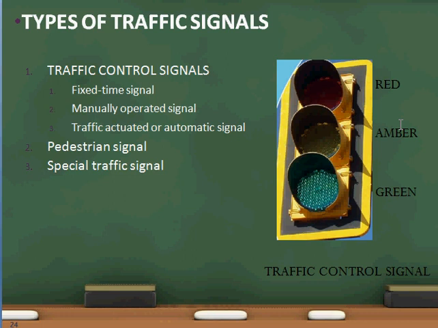Once green is shown, the vehicles will be flowing and crossing the intersection, but if red suddenly comes, some accidents will occur. To avoid that, and to let the vehicles that have entered the intersection area clear, we provide amber. So it is clearance time for the vehicles that have already entered the intersection area. These are the three colors we use in India.